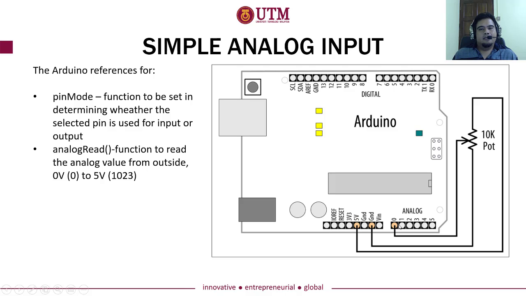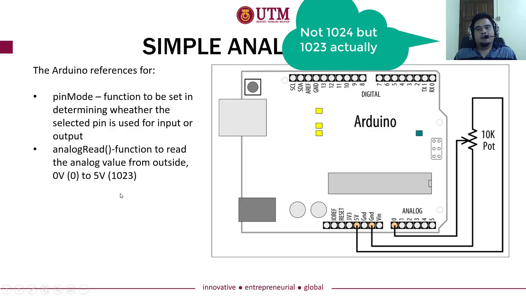Let me give you some explanation in detail. Inside this analog port there is a 10-bit analog to digital converter, meaning that if you have 0 volt going into this side, it will convert into the value 0, and if you have 5 volt going into port A0 here, then if you execute the analogRead function, it will return 1023, which is 2 to the power of 10 minus 1.